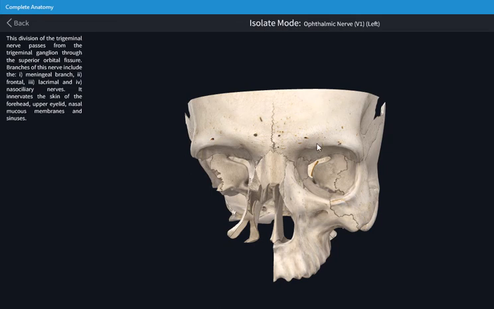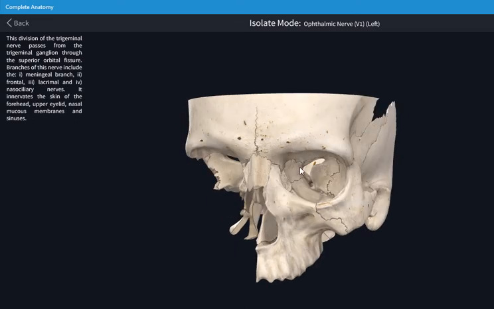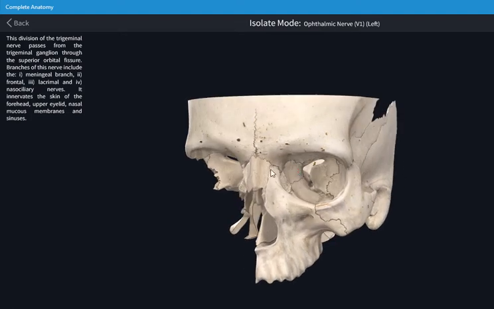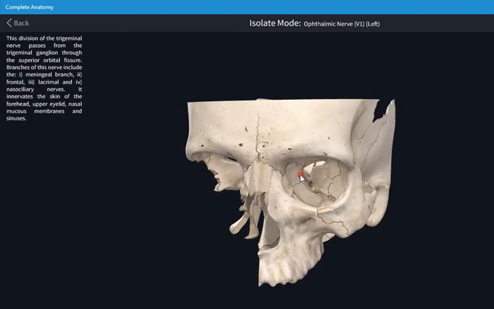Now the ophthalmic part is going to form two main portions called the supraorbital nerve and the supratrochlear nerve, as you are going to see. The nasociliary is going to give branches to the anterior and posterior ethmoidal nerves. It's also going to come out and supply sensation to the upper portion of the nose here. So this is why the ophthalmic portion is going to supply all this portion of the head here.